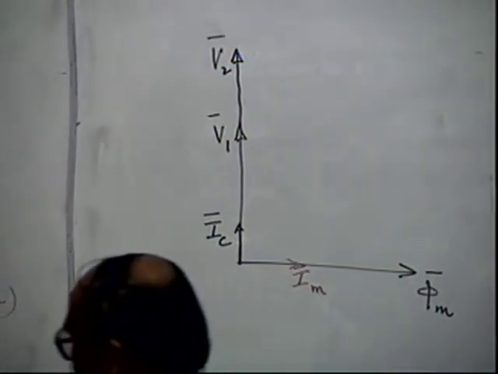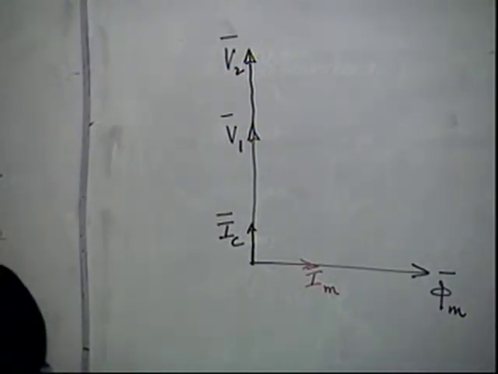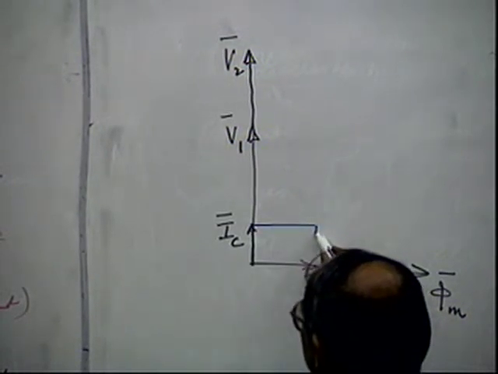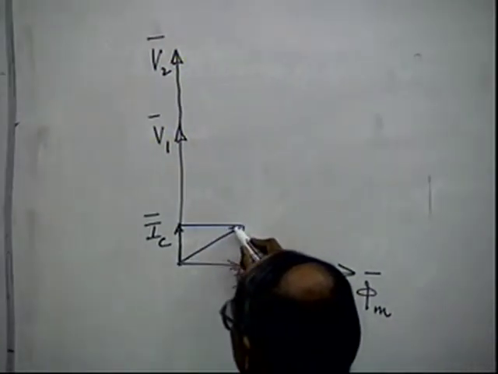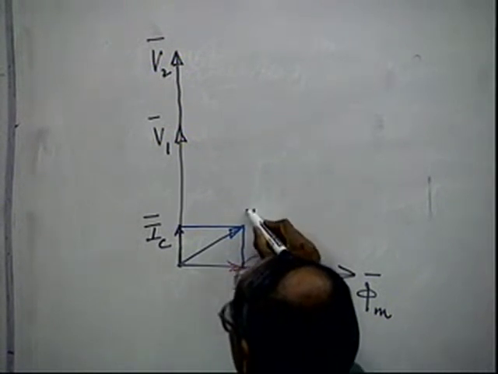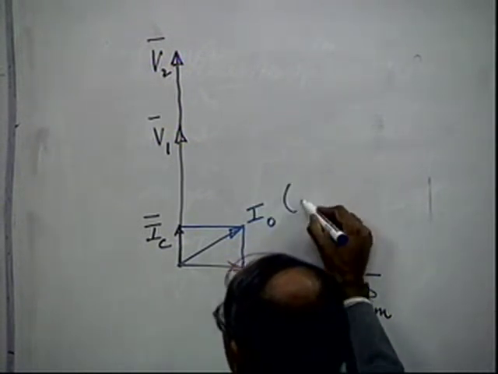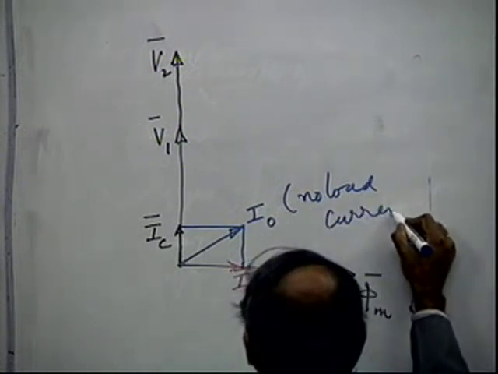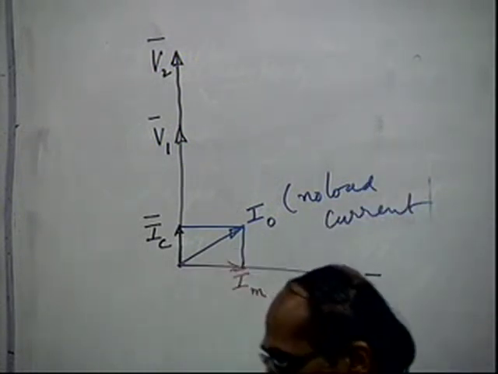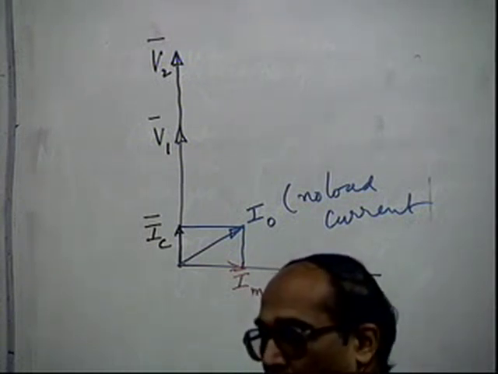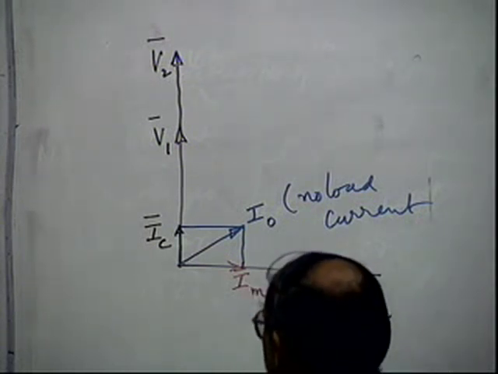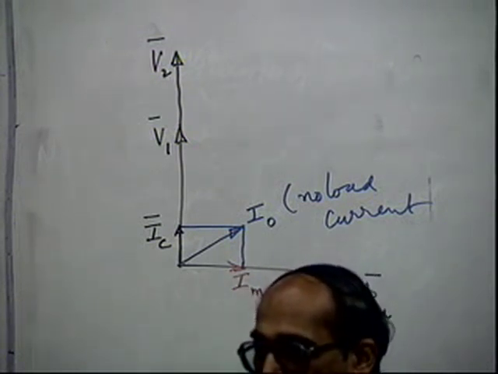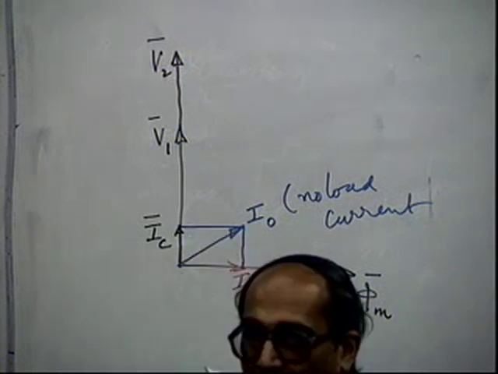The sum of these currents you can call I naught, or no load current. So what we are trying to say is, even if there is no load on the secondary, it will draw two currents. One is the magnetizing current, another is the core loss current.